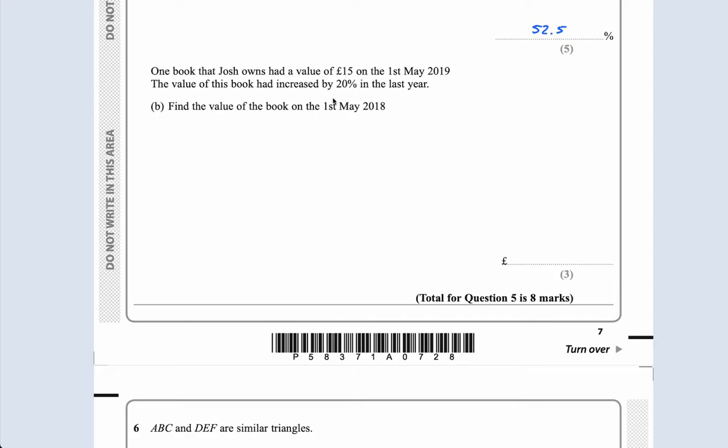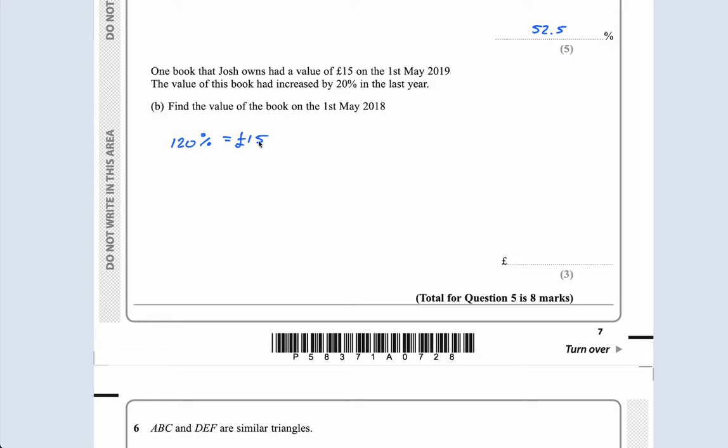Right, that's a slightly tricky question, guys, because it's a reverse percentage. It's £15 after the increase. There's two ways to do it. I'll show you both. You can say 120% equals £15 because if it's increased by 20%, then it's gone up by 20%. The common mistake is to find 20% of £15. That is wrong.